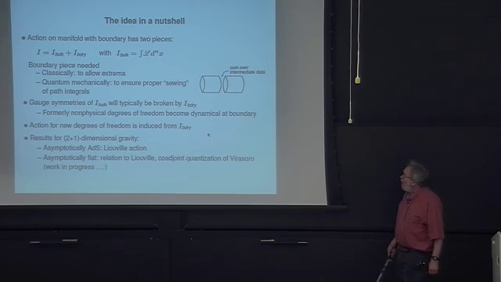So I'm going to talk about how this works for 2 plus 1 dimensional gravity. First, very briefly summarizing some old results for the asymptotically anti-de Sitter case, and then mostly talking about new work in progress for the asymptotically flat case.